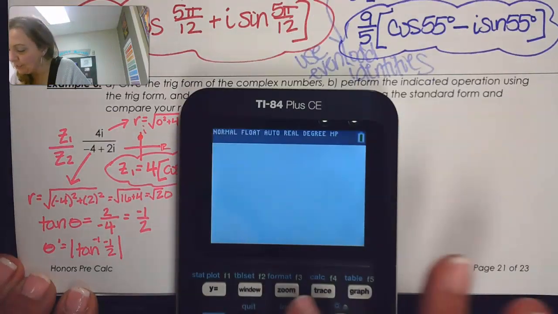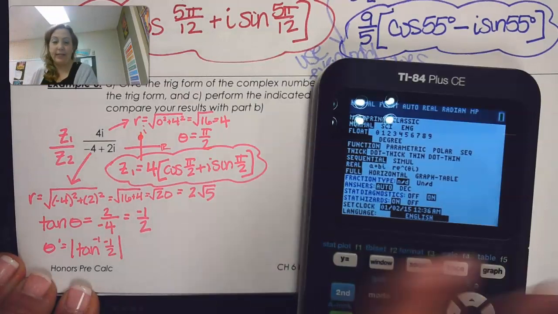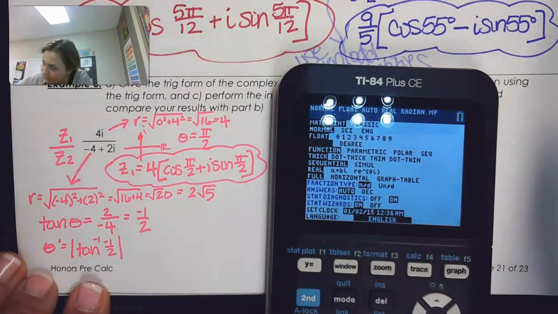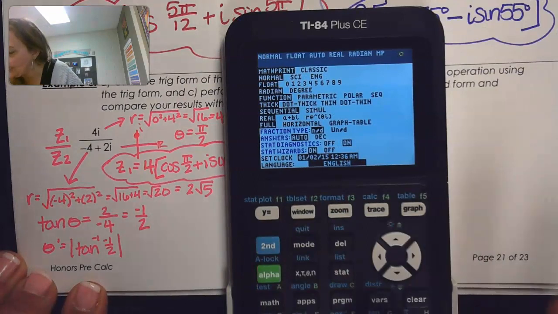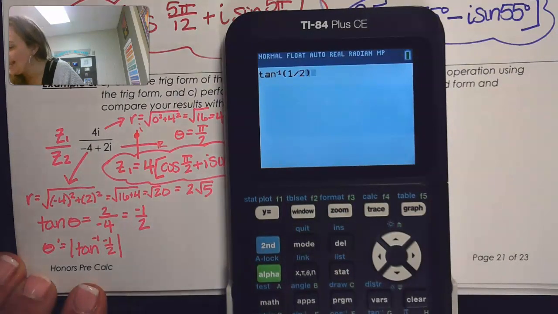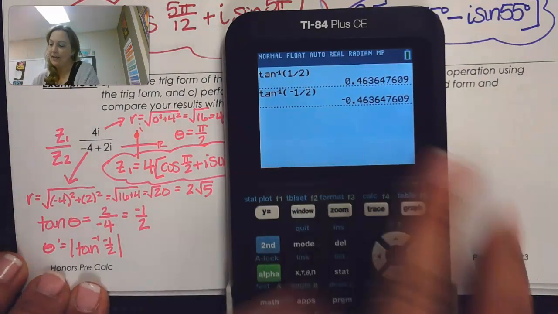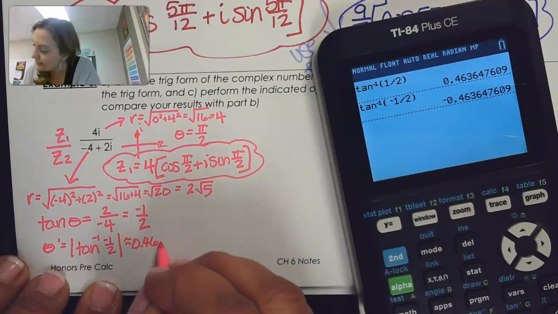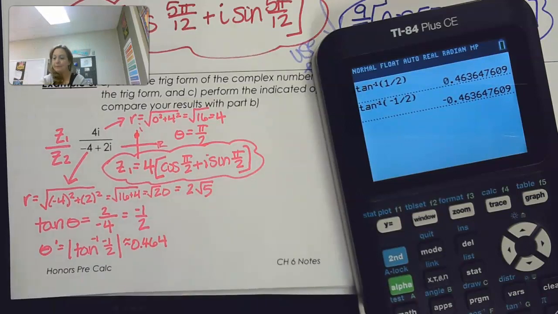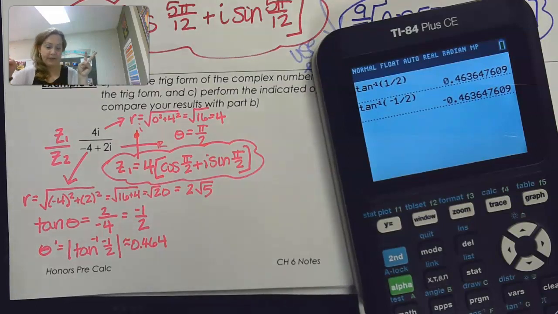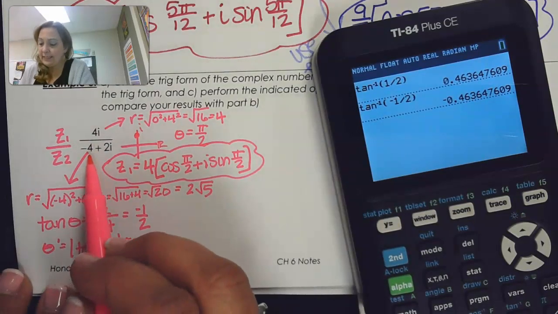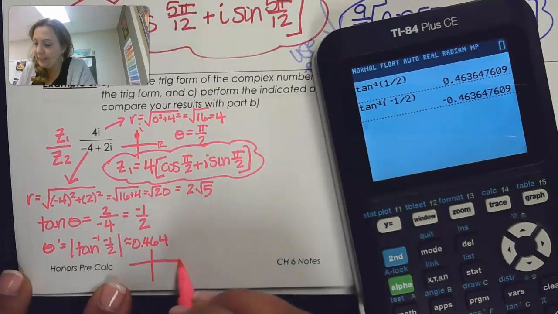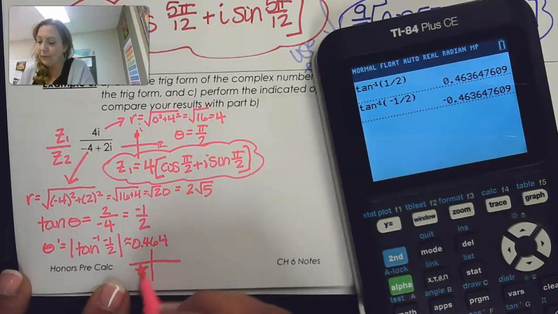So again, I'm going to turn it into radian mode since I did my radians here. All right, and I'm going to take the inverse tangent of 1/2, or again, you could take the inverse tangent of -1/2 and take the absolute value. The idea is that your theta prime is about 0.464-ish, okay? And then we have to decide what quadrant to put that theta prime value in. When we think about where this is going to land, this is going to land in quadrant 3.